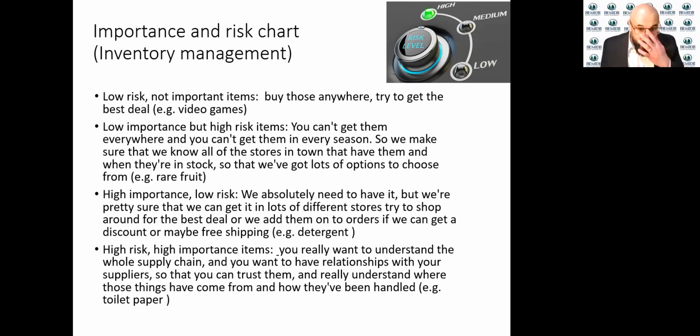In this case, what I put here as a funny example of a high risk and high importance item is toilet paper, which I think is really important. And I think we should be considering this. And that's maybe the reason why we couldn't find toilet paper a few months ago.